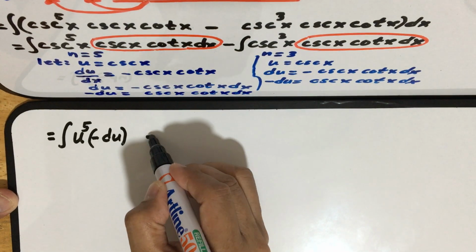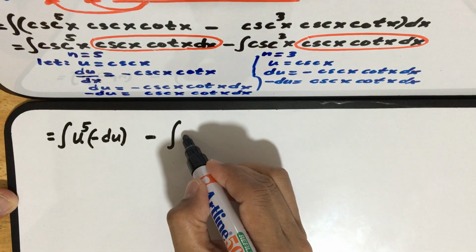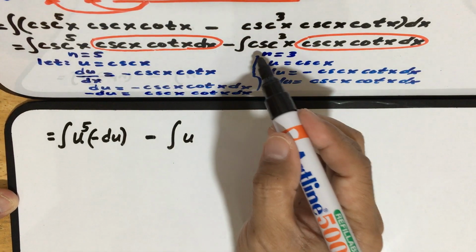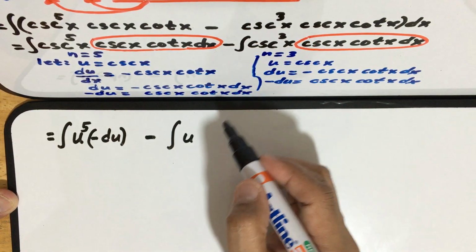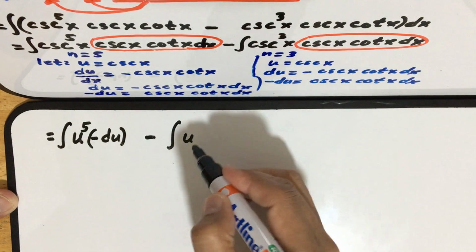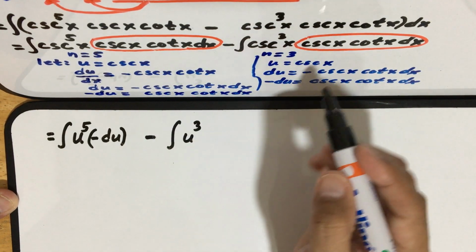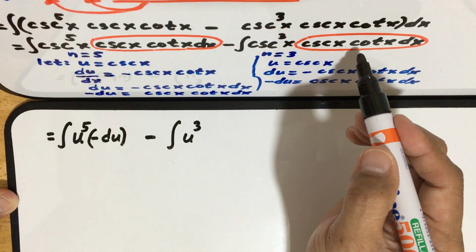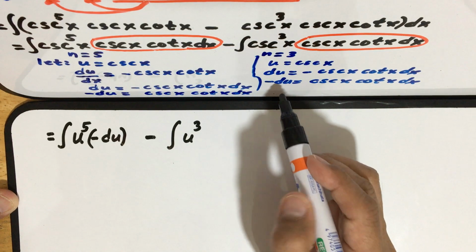Then minus integral of the second term, which is also u, cosecant cube x. We let the cosecant x equal to u, so that is also u. Then the exponent is equal to 3. And then we have this part, cosecant x cotangent x dx, which is equivalent to negative du, right?